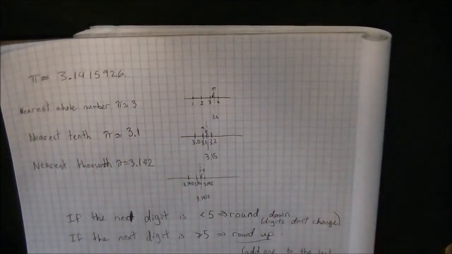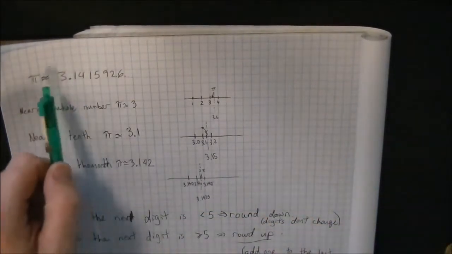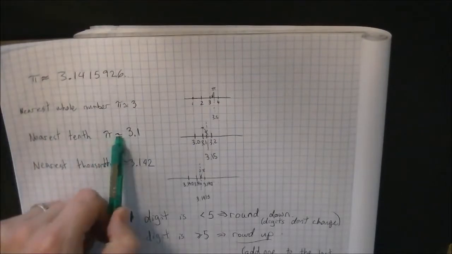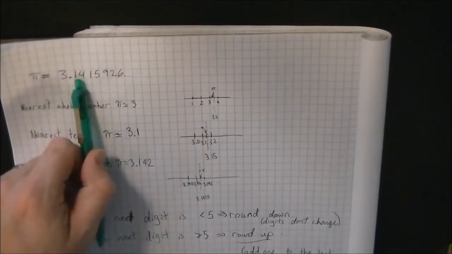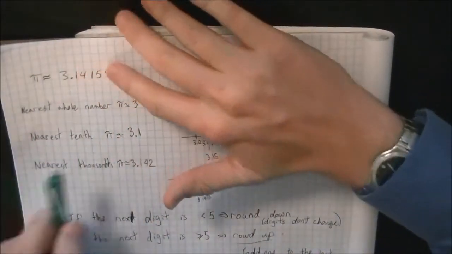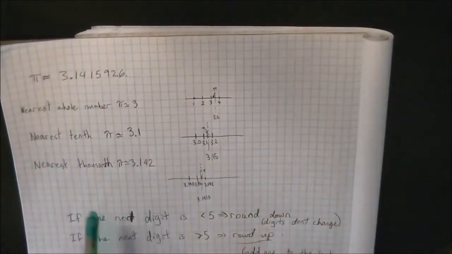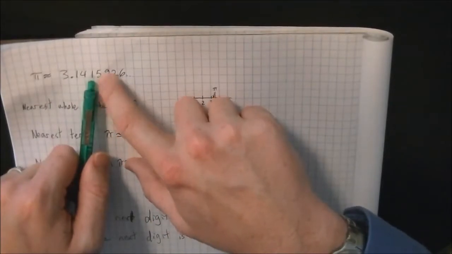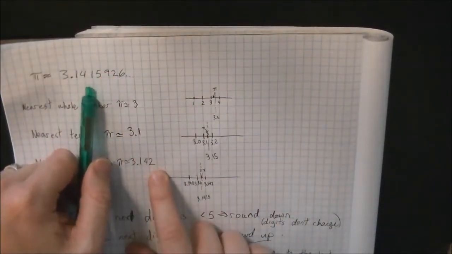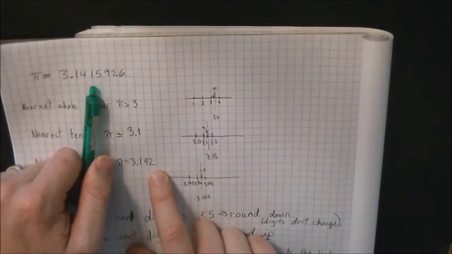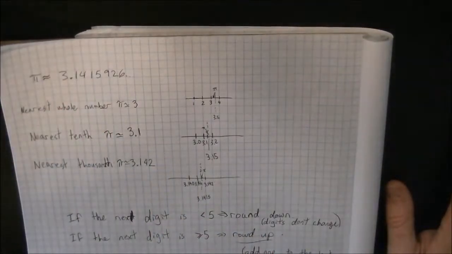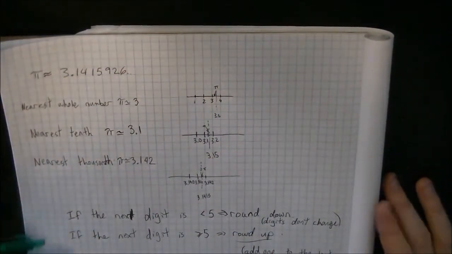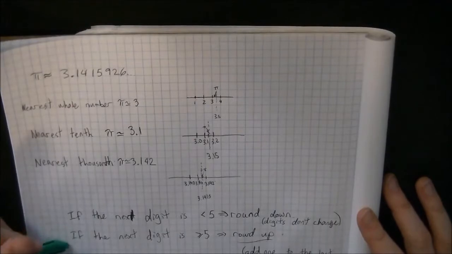So we're going to cut it off just like we would before, right? So when we're rounding to the tenth, we cut it off at 3.1, and we just cut it off, right? Because we rounded down. To the nearest thousandth, we cut it off at 3.141, but then we had to increase the last digit by 1, right? So that's how we round. So these are the 2 rules that you need to follow.